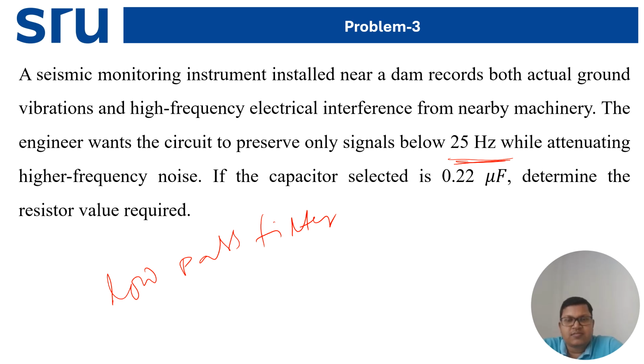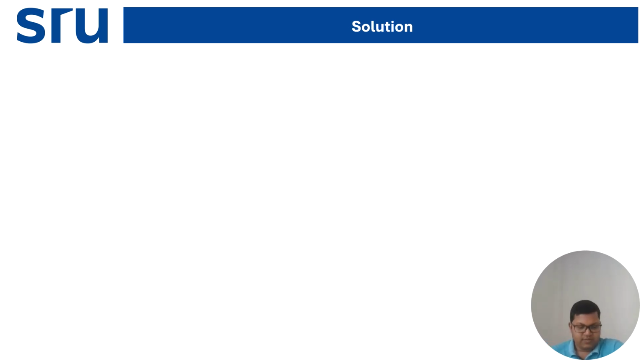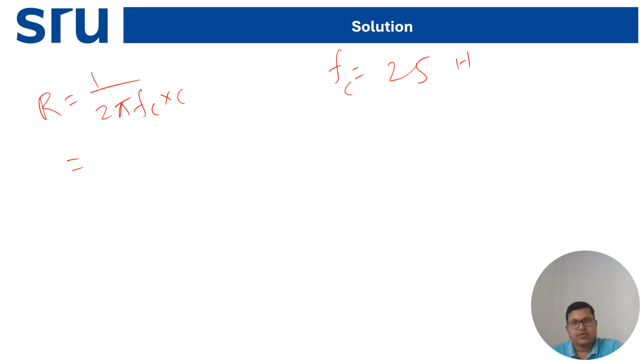Let's find the values. As we know, the value of R is given by 1 over 2 pi Fc multiplied by C. Here Fc, the cutoff frequency, is equal to 25 Hz, and the C value is given as 0.22 microfarad.